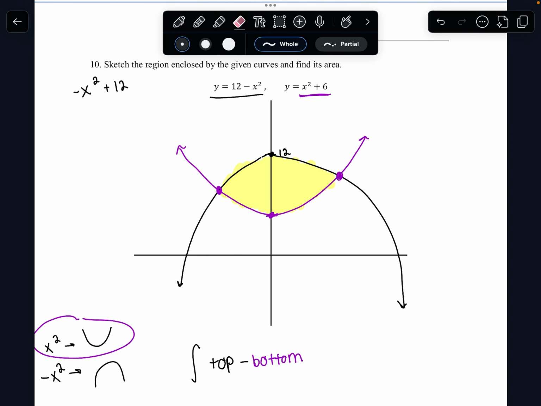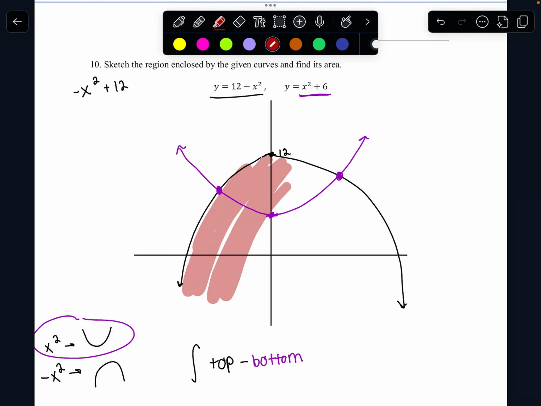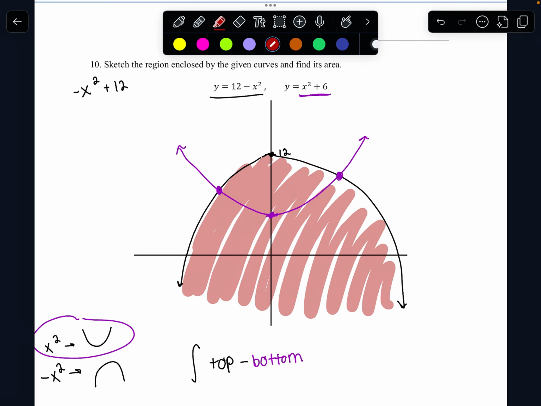Because think about it. If I just found the area of the top function, which would give me this area, and let's say then I found the area under the second function, then I would have this area, right?